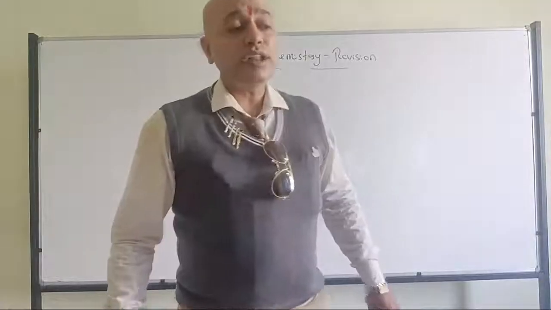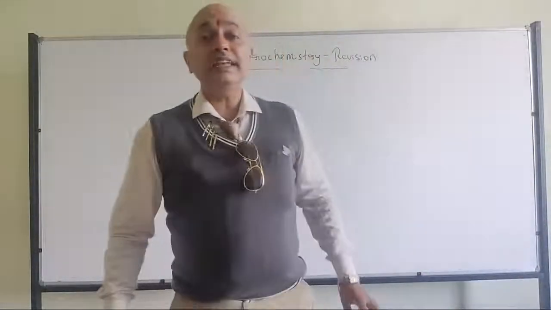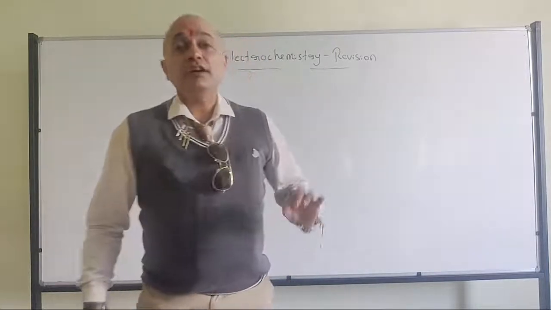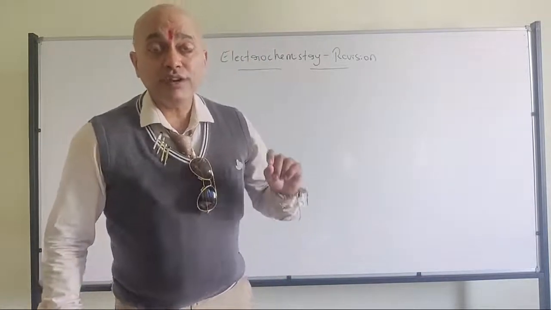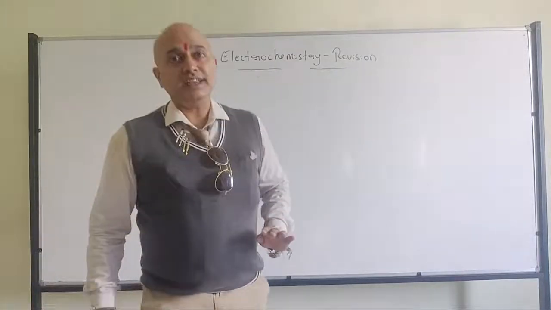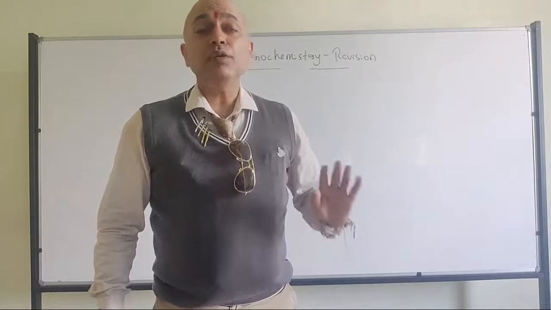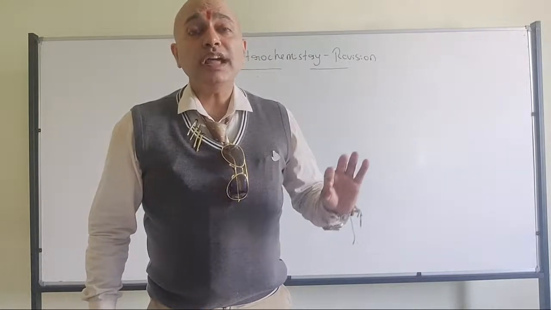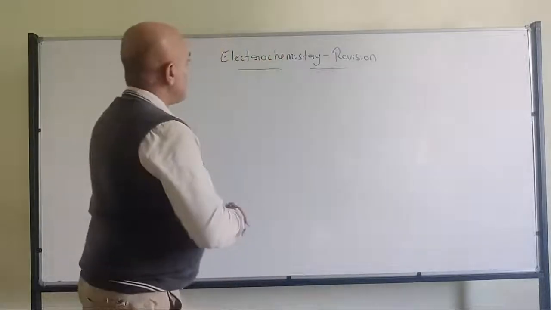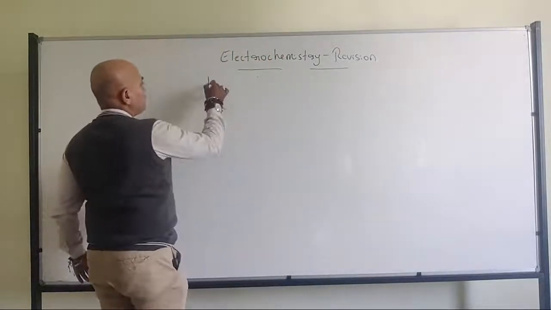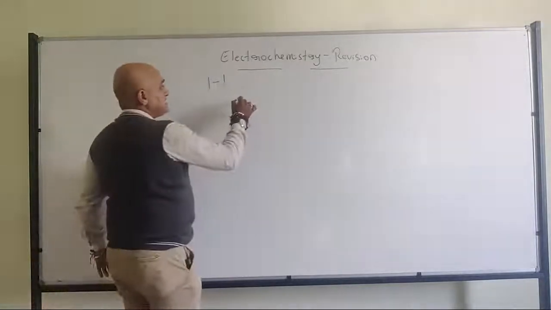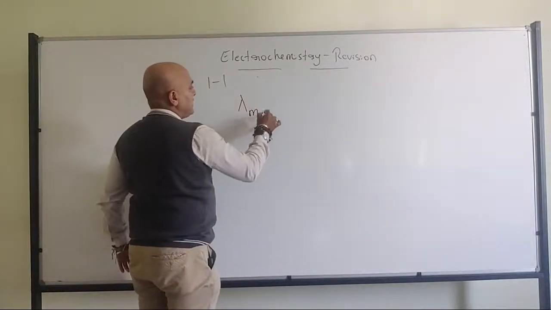By using Kohlrausch law, we can even calculate the limiting molar conductivity of a weak electrolyte, because by the graphical method, for a weak electrolyte, we cannot calculate the limiting molar conductivity. That can be done only by using Kohlrausch law. All of you have understood? Say for example, if I take a 1-to-1 type of electrolyte, in that case I have NaCl.